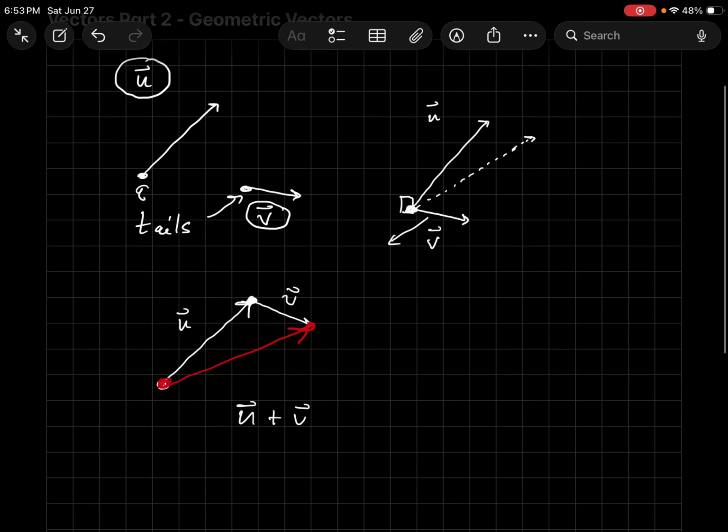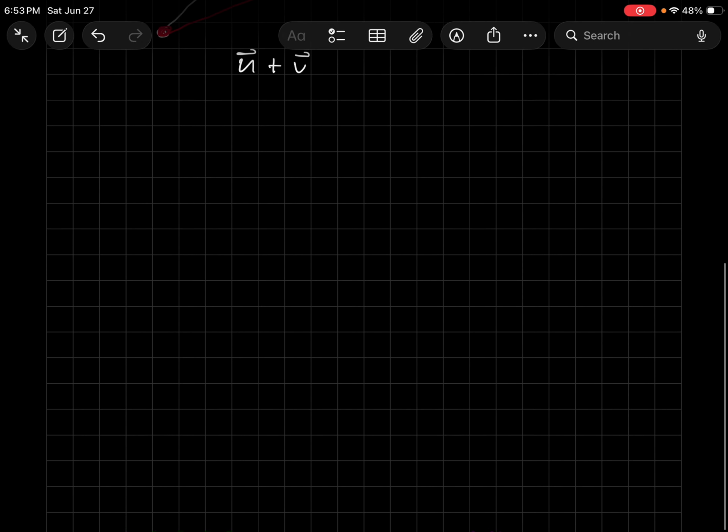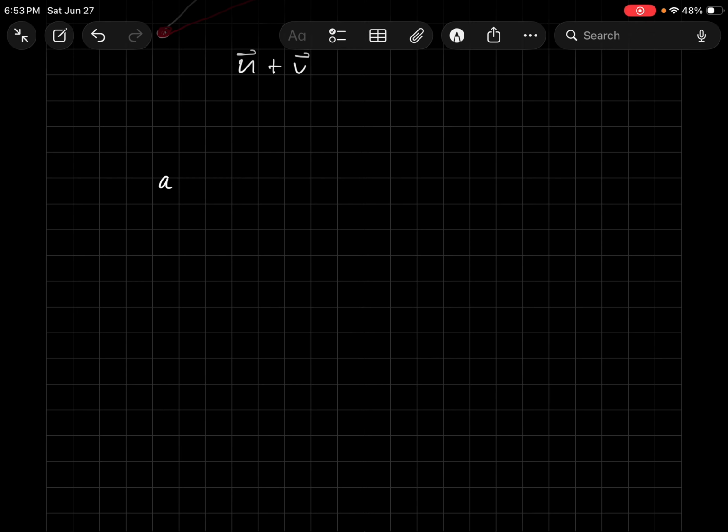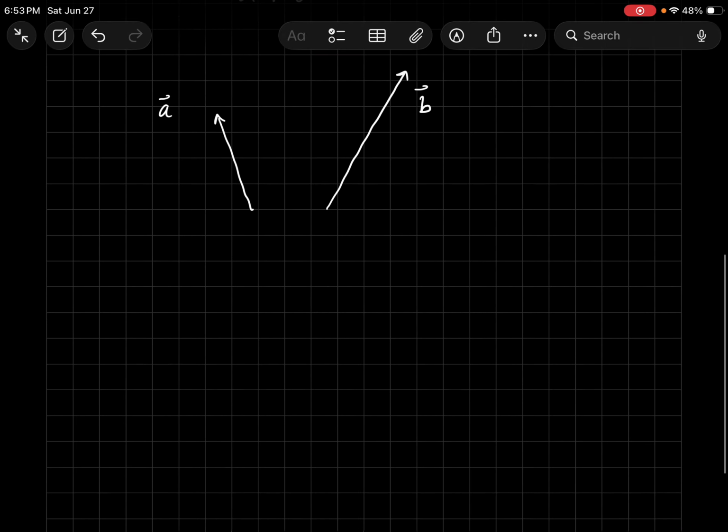Let's do another example. I'm going to call these vectors a and b this time, if you would like. You can stop the video and try to guess what the answer will be before I get to them. But let's do a plus b to start. So if I have a plus b, I have two forces or two vectors being added together. I'm going to redraw these.